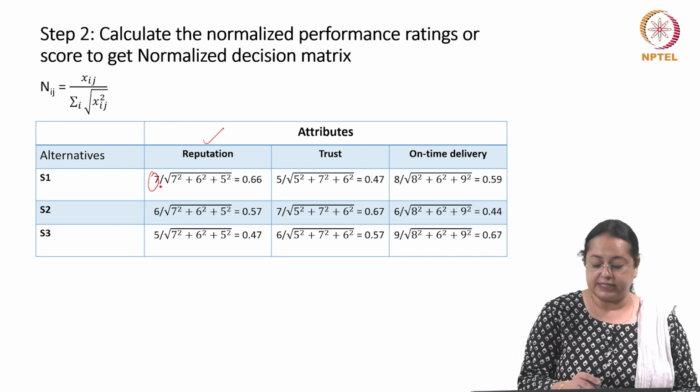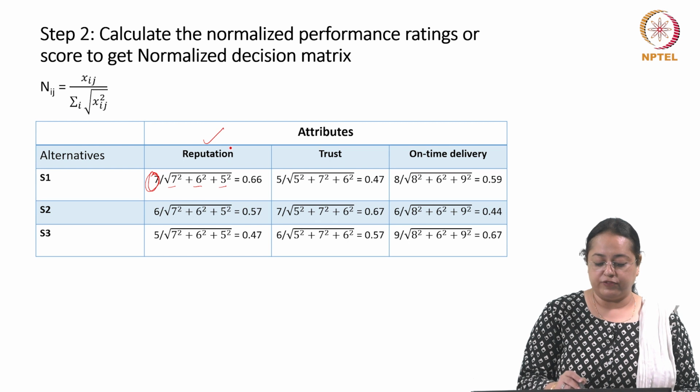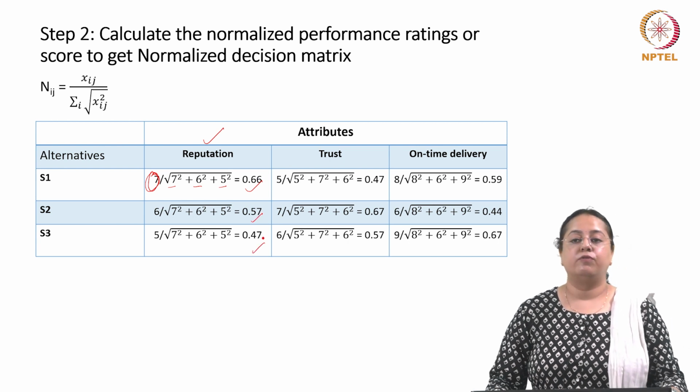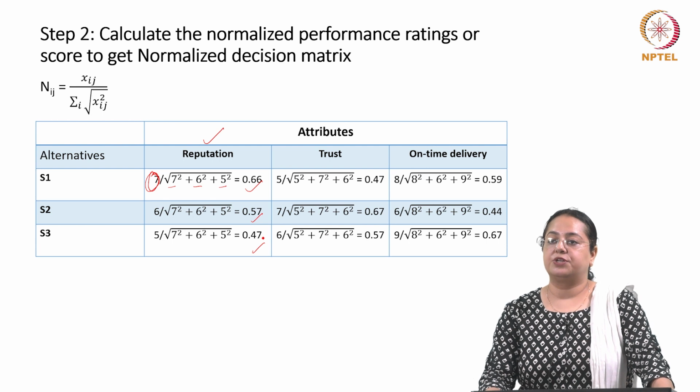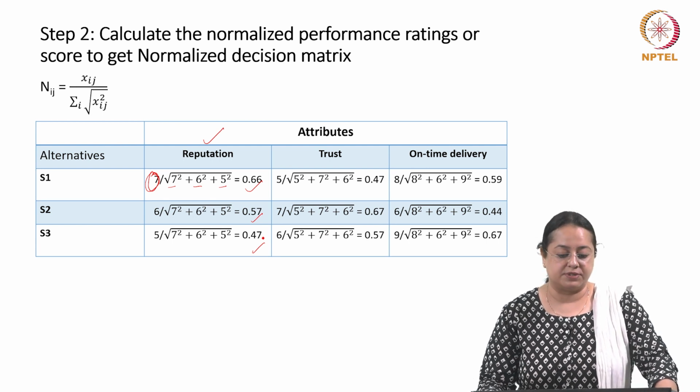So for each cell, we can take that score divided by the square root of the sum of the squares of the scores for each attribute, and we will get the normalized scores for each attribute for all the alternatives.